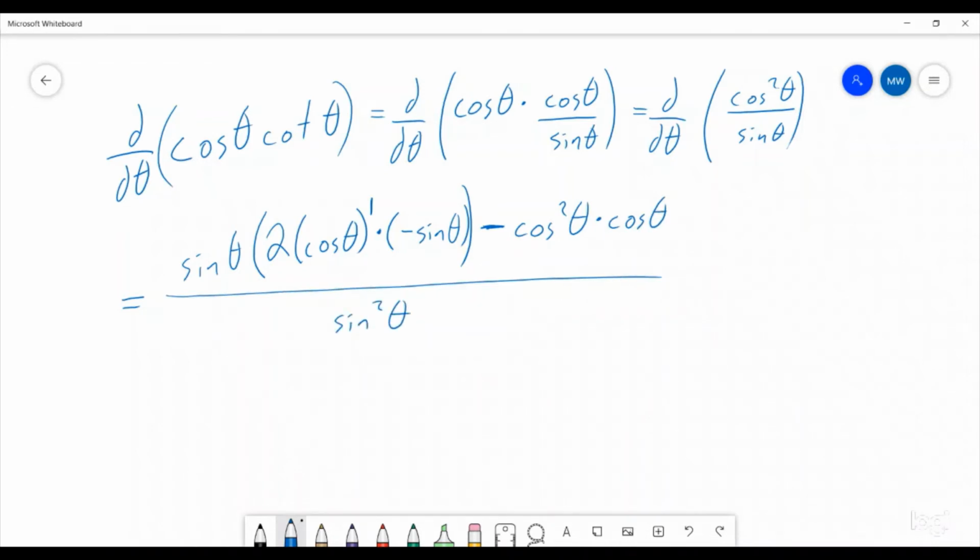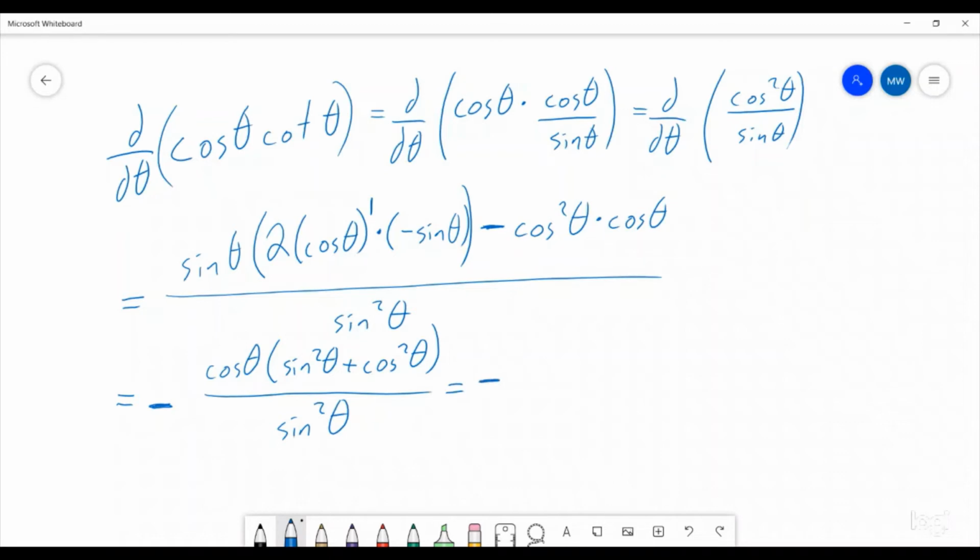And now let's try and simplify. So we have a negative sign that we can pull out from everything. So let's just pull that out. And then we are left with cosine theta times sine squared theta plus cosine squared theta all over sine squared theta. Would you look at that? We have sine squared theta plus cosine squared theta. That goes to a 1.